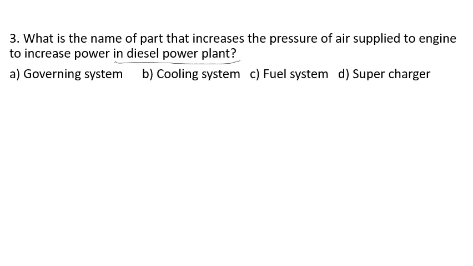In the case of a diesel power plant, to increase the pressure of the air, we are using a compressor. Compressors are also known as superchargers. So superchargers are used to increase the pressure of the air which is supplied to the engine.